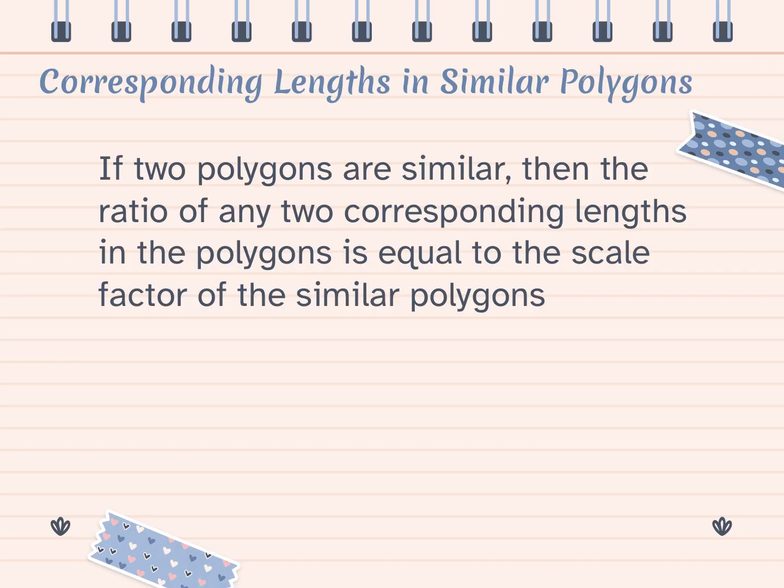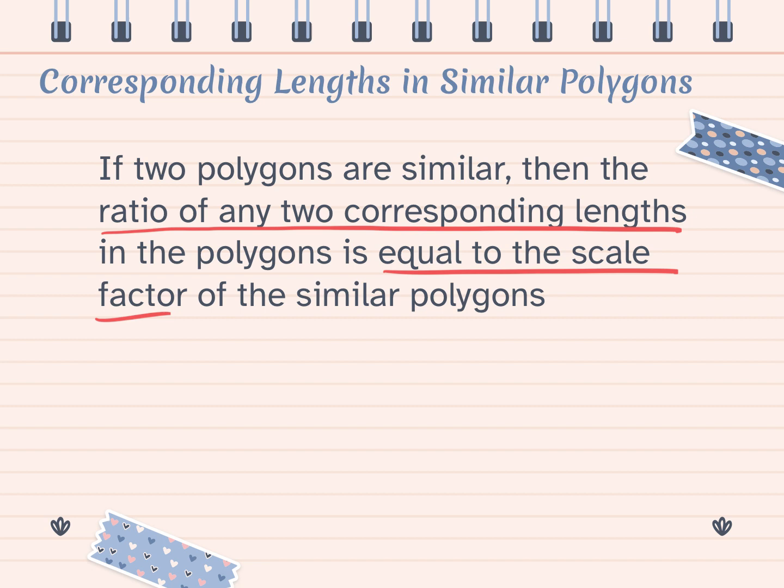Okay, so what I wrote on the previous slide, here it is in words. So corresponding lengths in similar polygons. So if you're told that two polygons are similar, then the ratio of any two corresponding lengths in the polygon is equal to the scale factor.